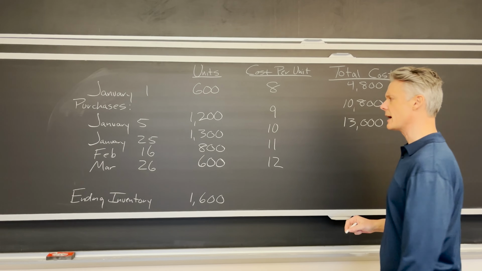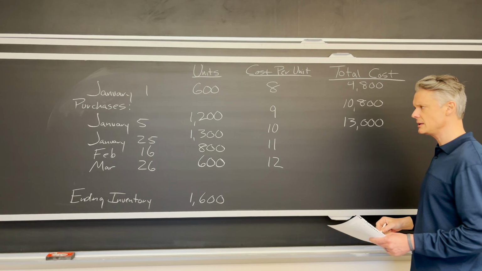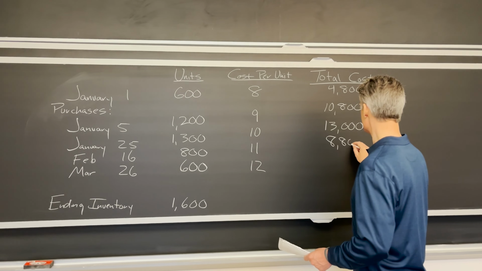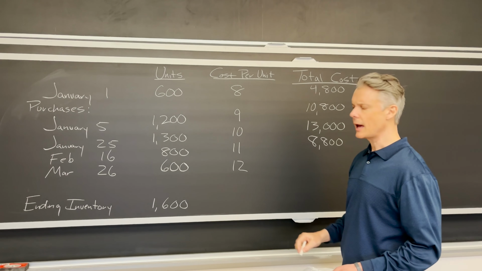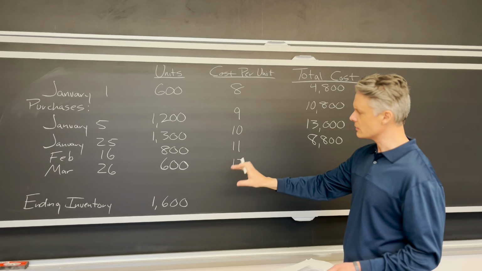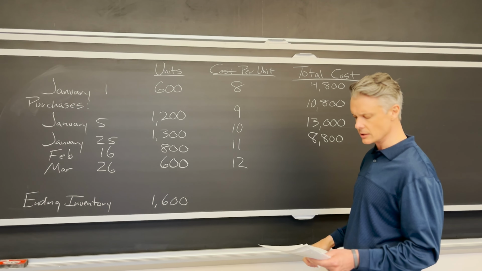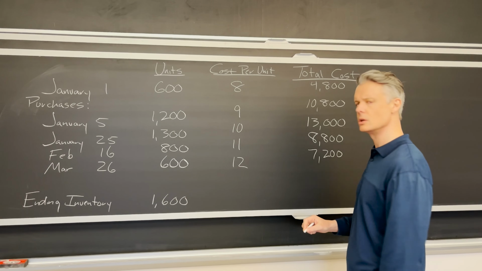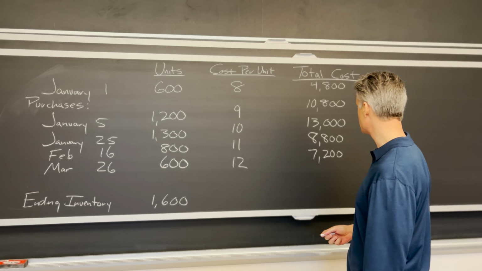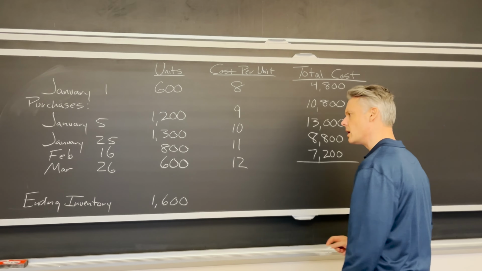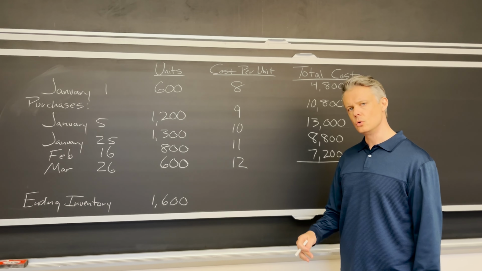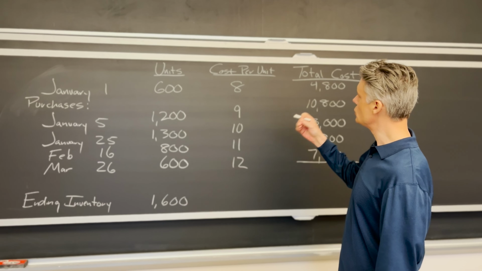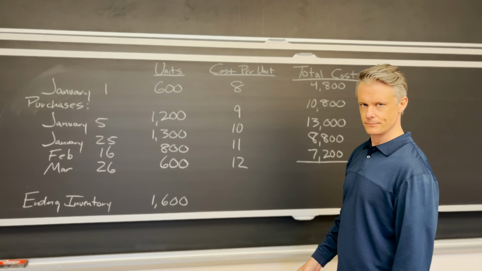That was $13,000. On February 16th, 800 units at $11 a piece, $8,800. And at the end of March, we purchased another 600 units. Prices continue to increase at $12 per unit. This came to $7,200. So right now, before we even consider the units sold, how much in goods available do we have?